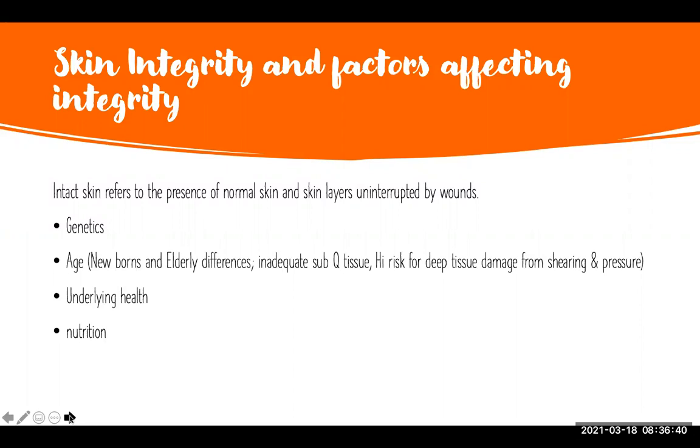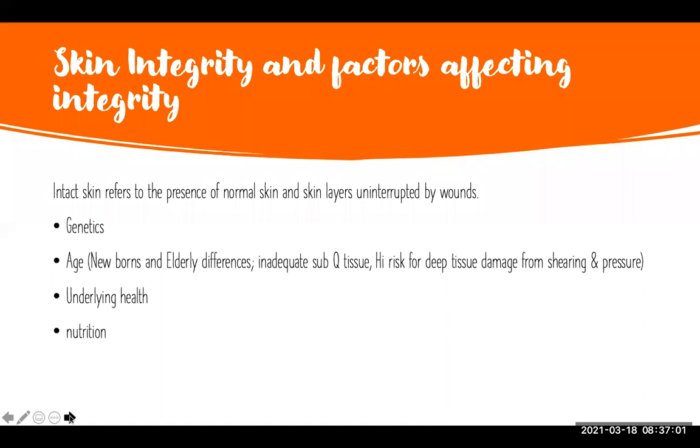The very young, the skin is just immature. It's not matured yet, so it doesn't have all the protective functions as we just went over. And it takes about a month before the skin is matured enough to start functioning as a protective layer for infants.